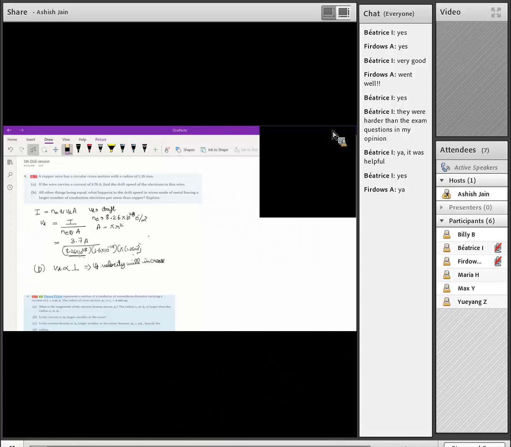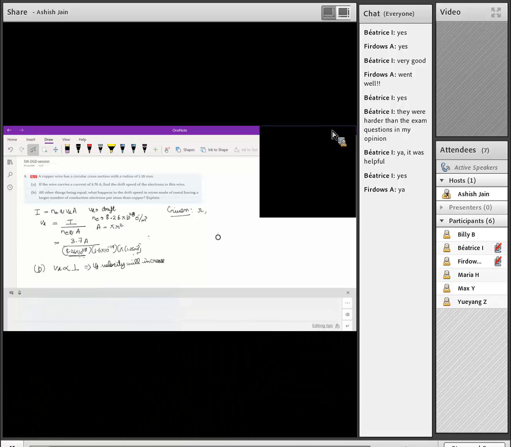So the first question says that a copper wire has a circular cross section with radius of 1.25 millimeters. If the wire carries a current of 3.7 amperes, find the drift speed of the electron. We have to find the drift velocity of the electron. So again, we see what's given in the question.